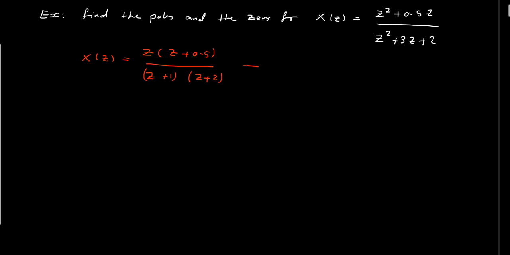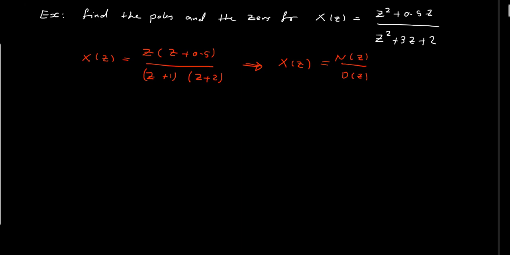So simply now X(z) has poles at z plus 1 and z plus 2. In order to find the poles, X(z) will equal N(z) over D(z).